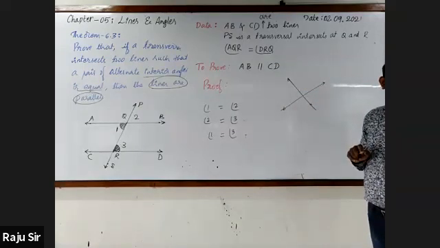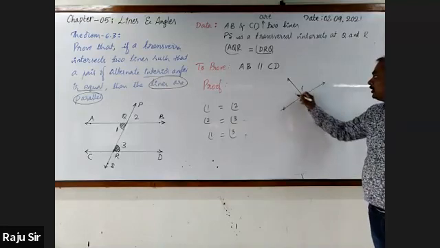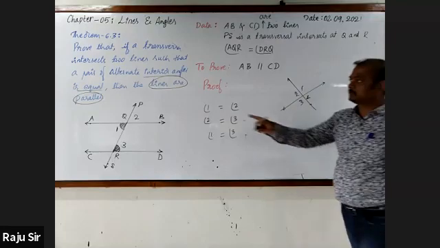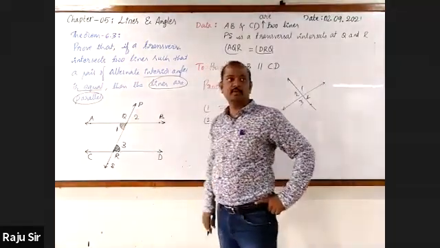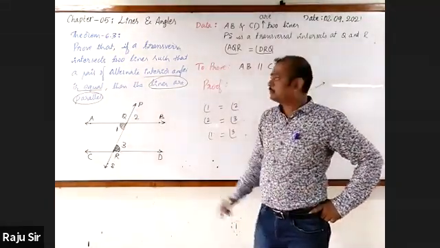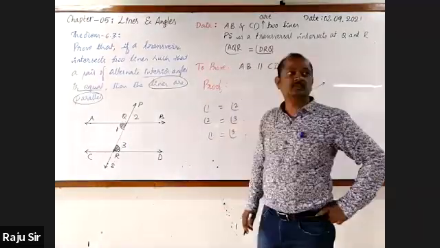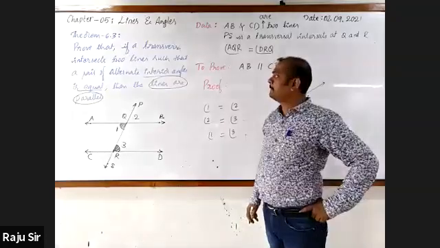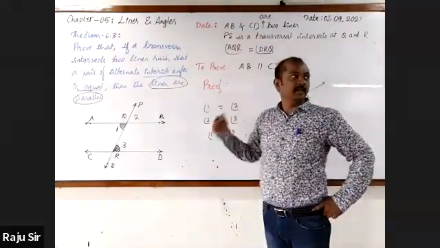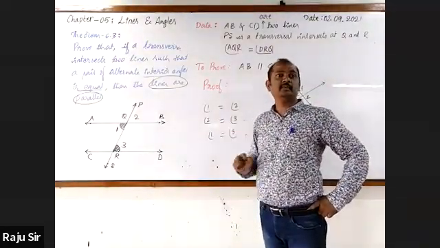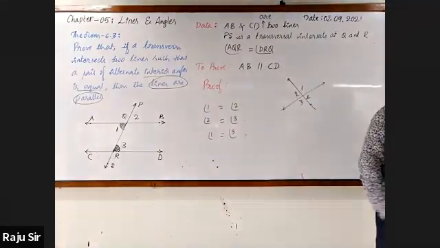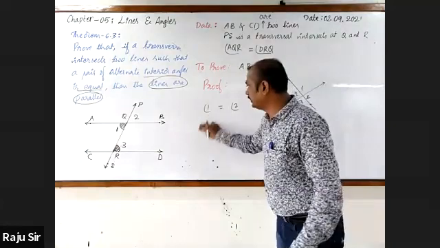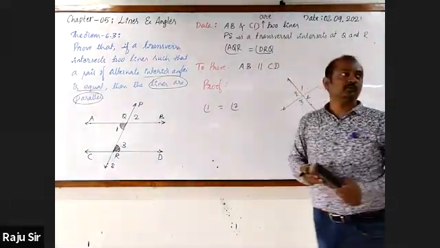How many angles are formed? 4. Equal 1 and 3. Vertically opposite angles. Your lines are intersecting. What I have written, 2 equal to 3. Is it possible? What did you ask, sir? We can write, of course, 1 equal to 2.